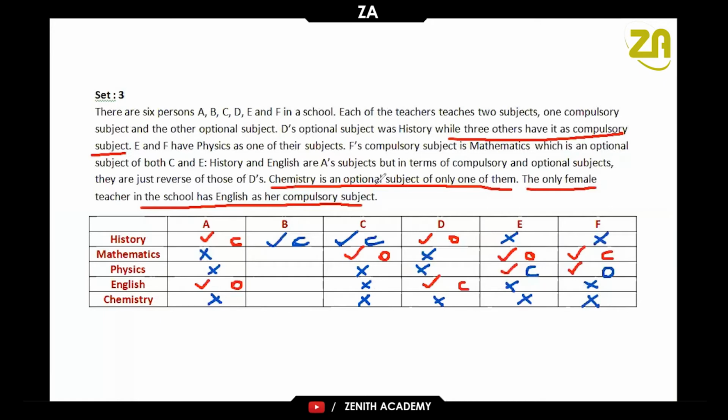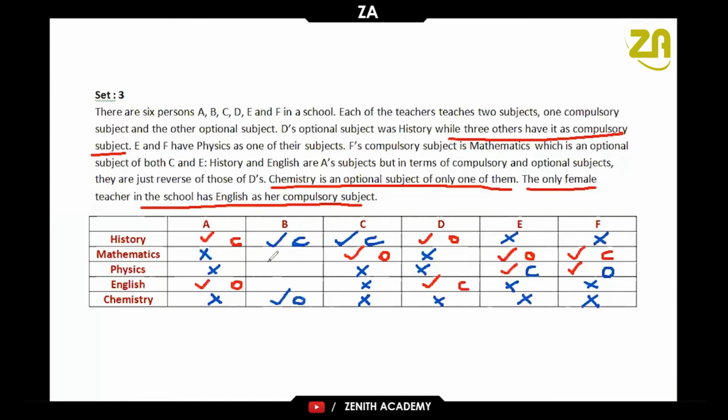Now chemistry is an optional subject of only one of them. Only teacher B's optional subject is pending. So okay, chemistry is an optional subject of only one of them. It means, look in this row, all cells are cancelled. So here B is treated as an optional subject.